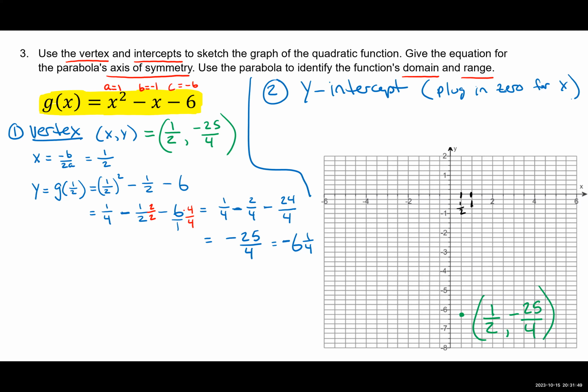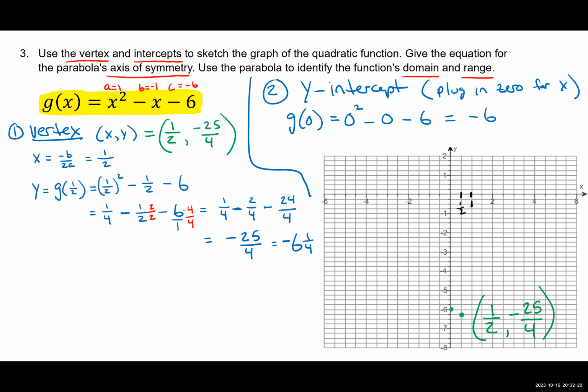This is for any function: linear, quadratic, rational, logarithmic, any function. To find the x-intercept, you plug in 0 for y. To find the y-intercept, you plug in 0 for x. So g of 0 is equal to 0 squared minus 0 minus 6, which gives us a negative 6. So that's pretty straightforward.